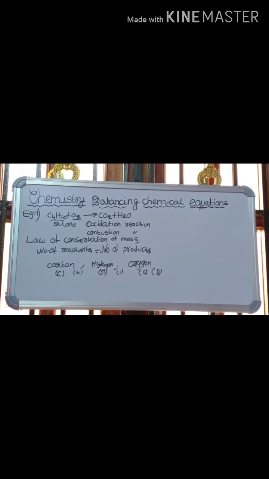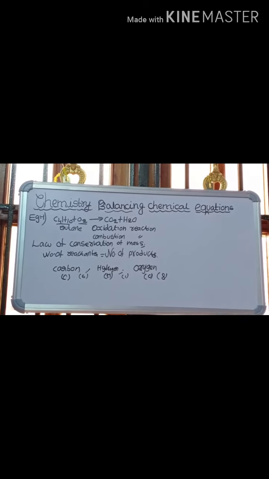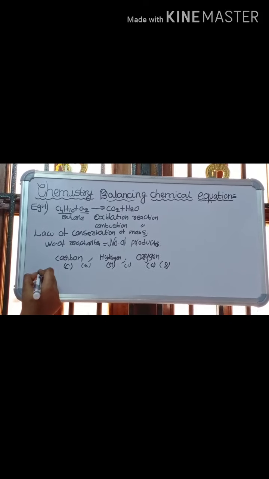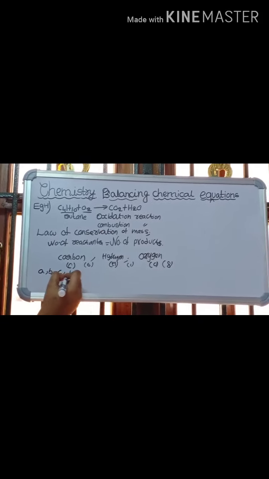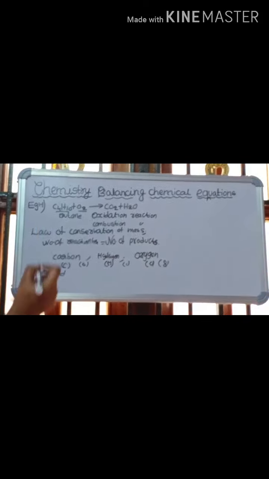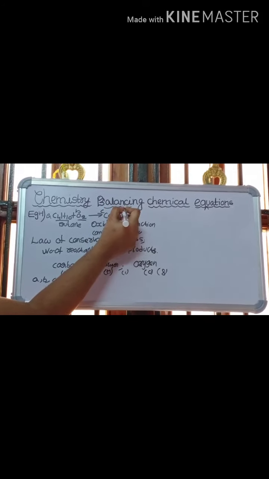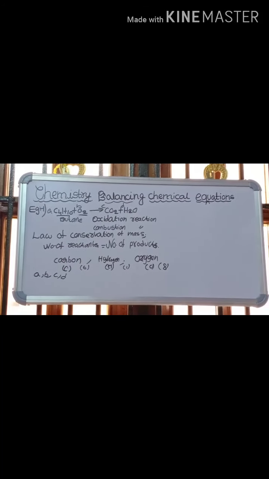Now the first step in balancing equations is we need to place the values A, B, C, D beside the compounds given. A here, B here, C here and D here.